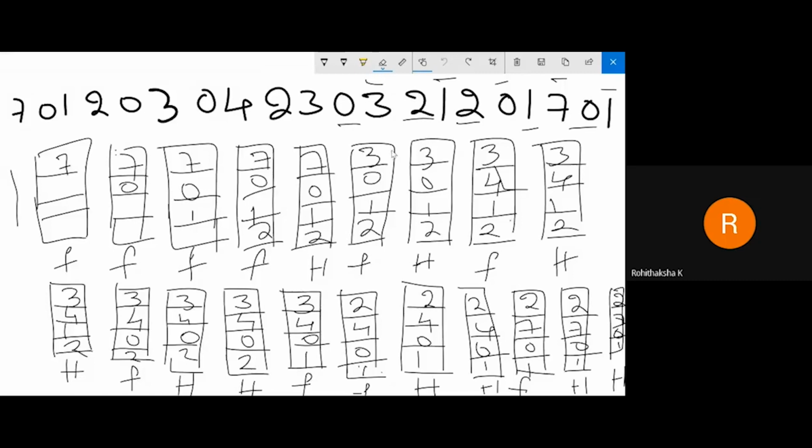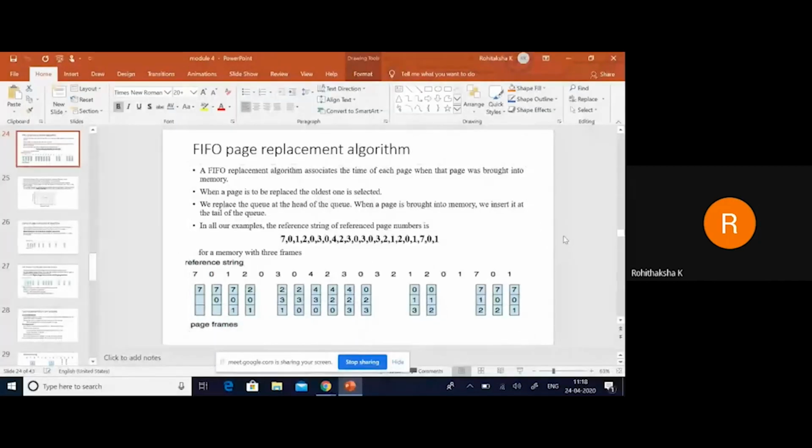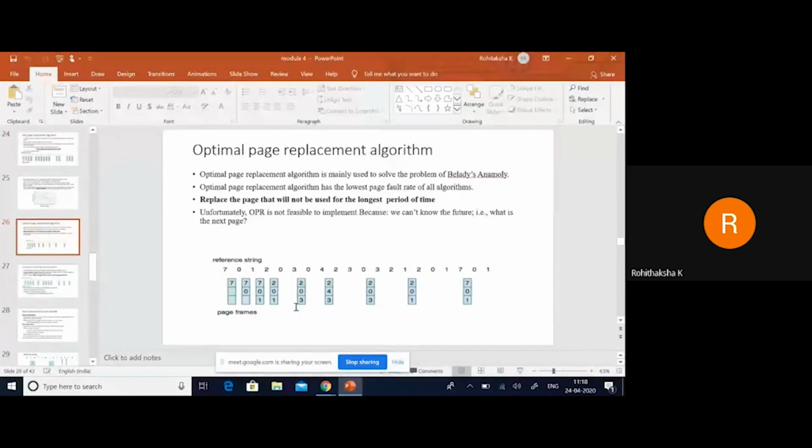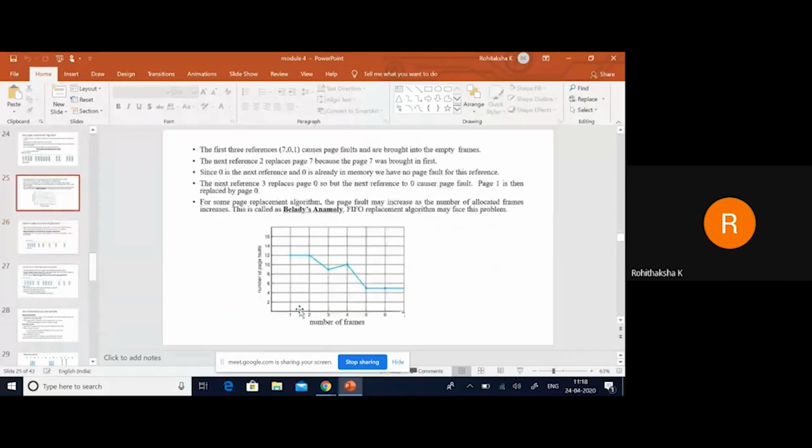As you can check in this particular diagram, in this graph we can notice that as the number of frames increases, the page faults also increase. If you come to 4 frames, as we have got, the page fault is 10.